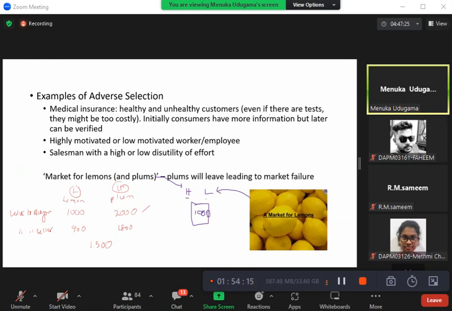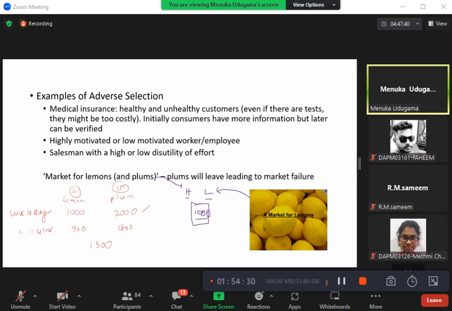So both high and low quality cars will have to sell at this price if there's no way to verify, right? Without a verification method, they will have to come down to this price.